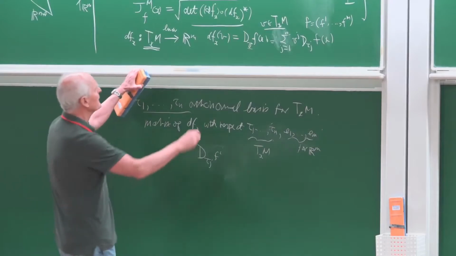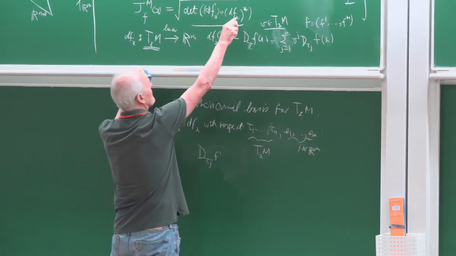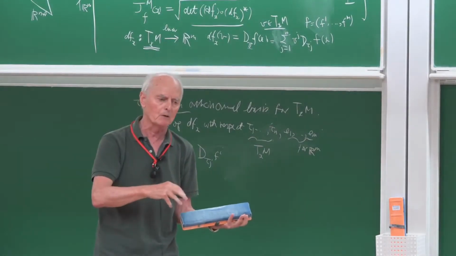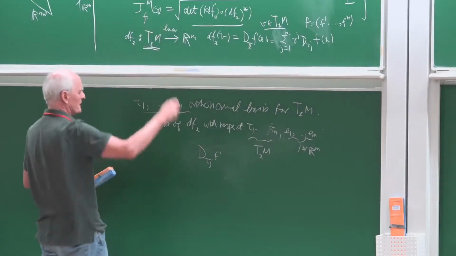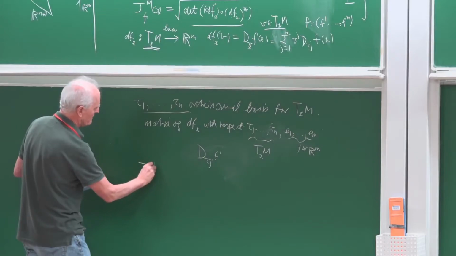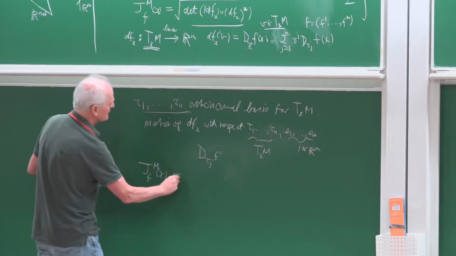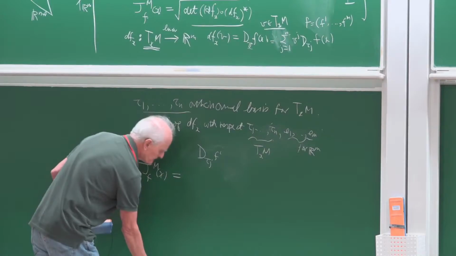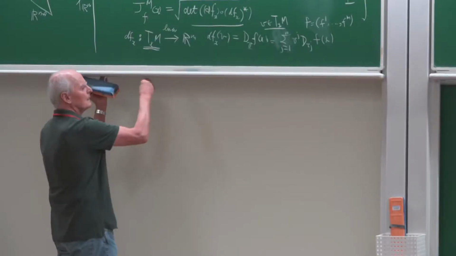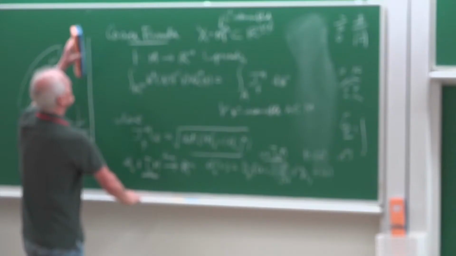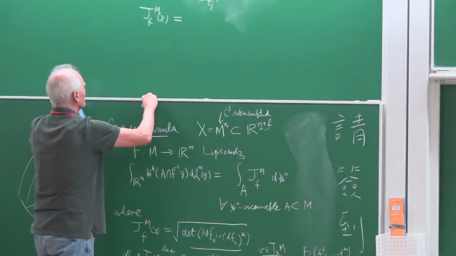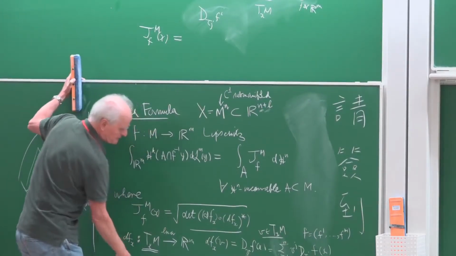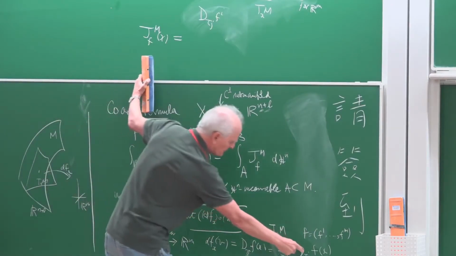So now we can work out this. Remember, composition of linear maps corresponds to matrix multiplication, right? So we've just got to multiply the matrices together. So we can get an alternative description of this Jacobian, namely JFm at x is equal to, well, here it is, we've got to multiply these matrices together.